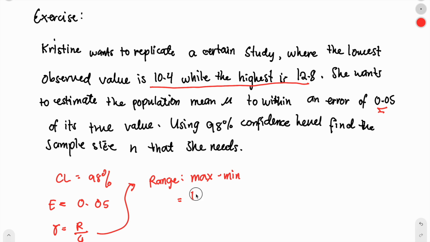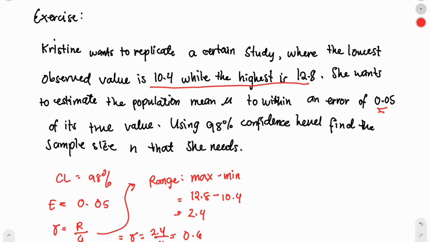Okay, we have the range 12.8 minus the minimum 10.4, and this is 2.4. Therefore, our standard deviation is 2.4 divided by 4. We have 0.6. Correct?